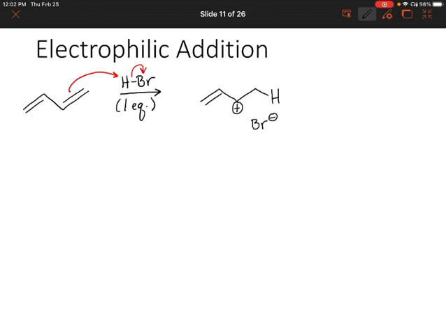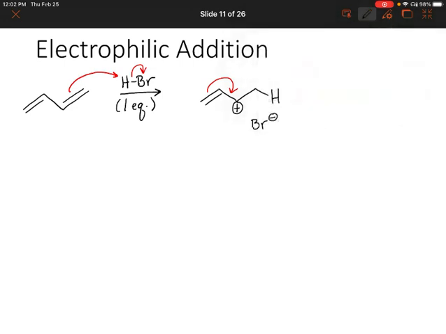Is there anything else we need to consider? For example, is there a more stable carbocation or maybe a different carbocation? Is there a more stable double bond that could form? Now, remember, this is an allylic carbocation, right? So there is a resonance structure.